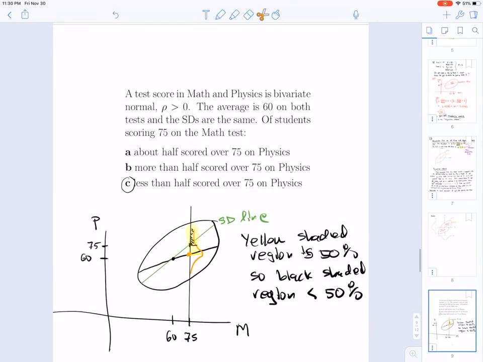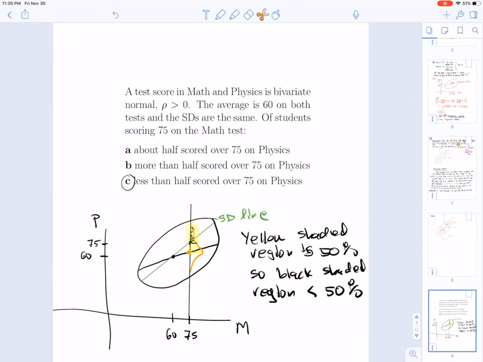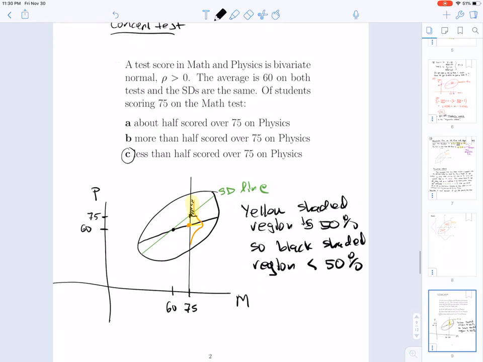Okay, so then we did a concept test, and here it asked: test scores in math and physics are bivariate normal with rho greater than 0. The average is 60 on both tests, and the SDs are the same.